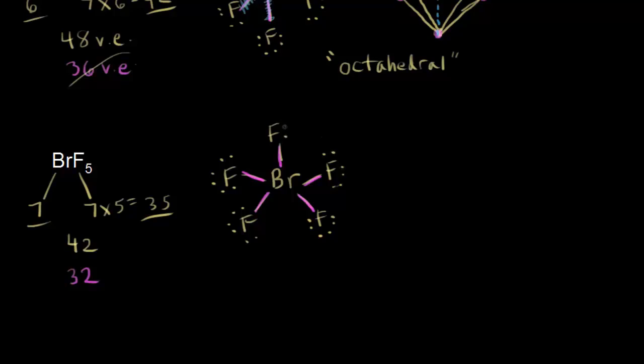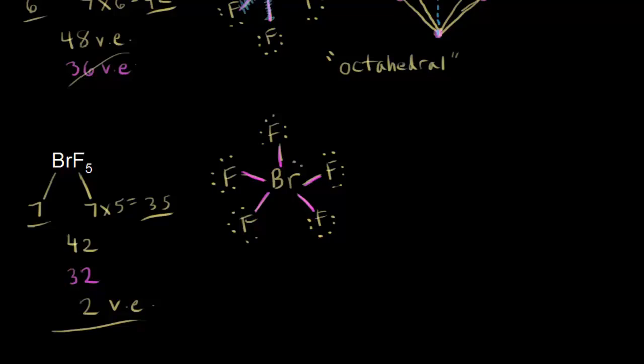Putting 6 more electrons around 5 atoms, 6 times 5 is 30. So 32 minus 30 gives me 2 valence electrons left over, and whenever you have valence electrons left over after assigning them to your terminal atoms, you put them on your central atom. So there's going to be a lone pair of electrons on our central bromine like that. All right, so we've drawn our dot structure.